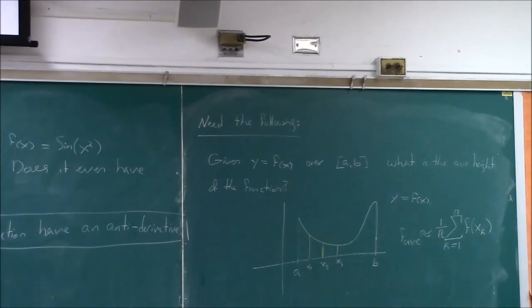So that means that f average is approximately 1 over n, summation k equals 1 to n of f of a plus k times (b minus a) divided by n.